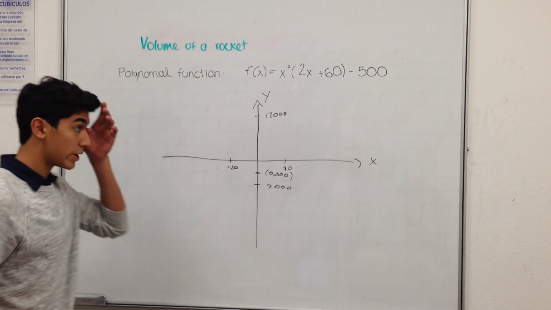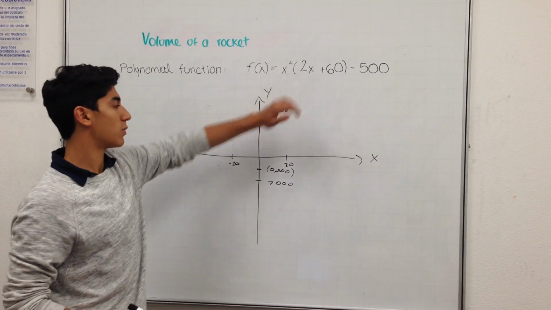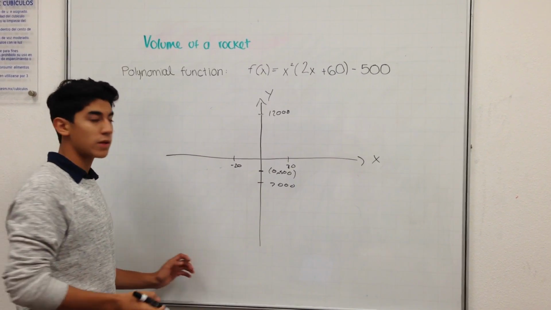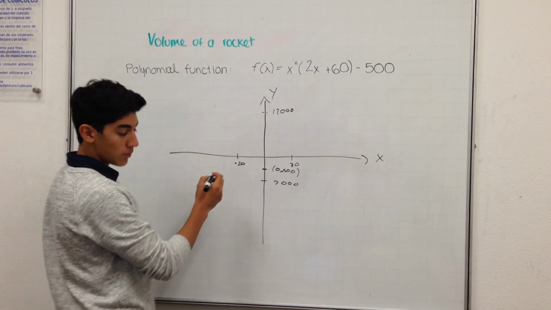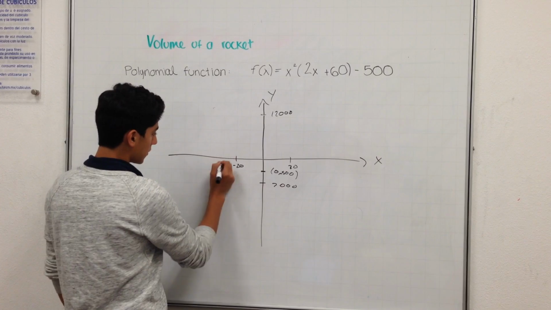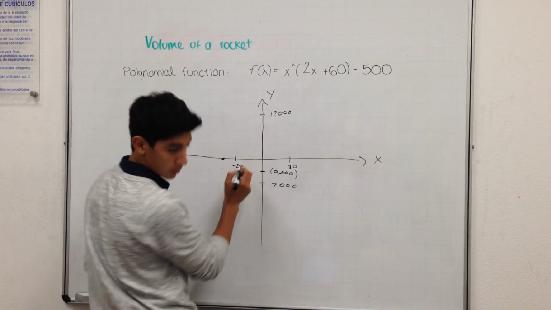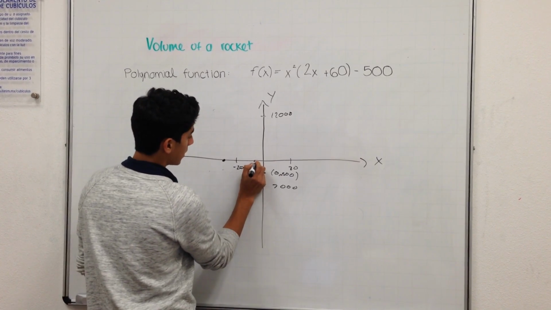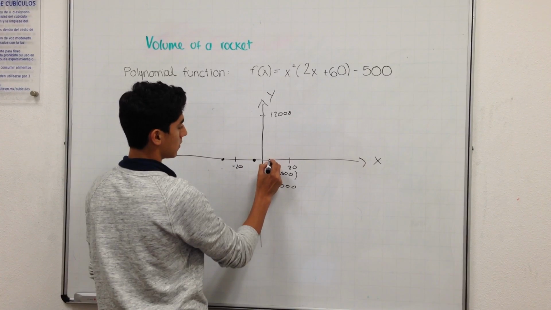So we know it has a degree 3 because this is going to be multiplied, and we know we're going to have 3 zeros, 3 possible solutions. So our first zero is going to be approximately here. Then we have our second, which is right here, and the third almost over here.